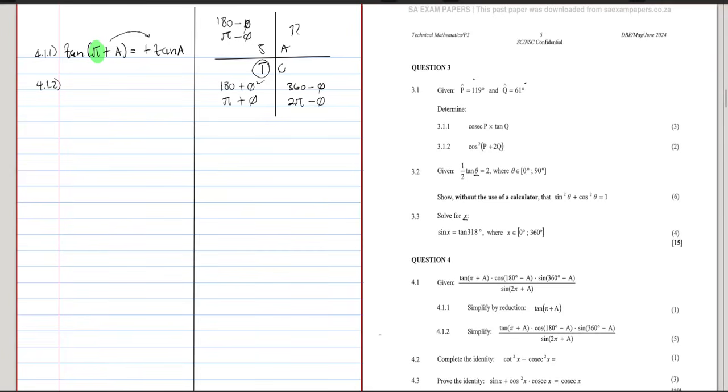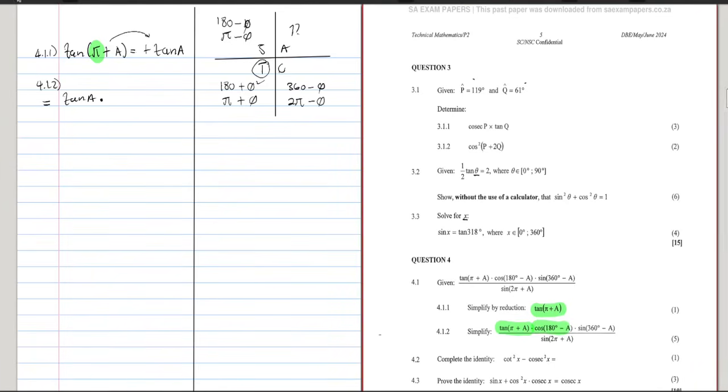4.1.2, they now want us to simplify that expression. Let's go straight to simplifying. The first part has already been solved in the previous question: it's tan a, multiplied by, now for the second part, cos(180 minus a) in the second quadrant.